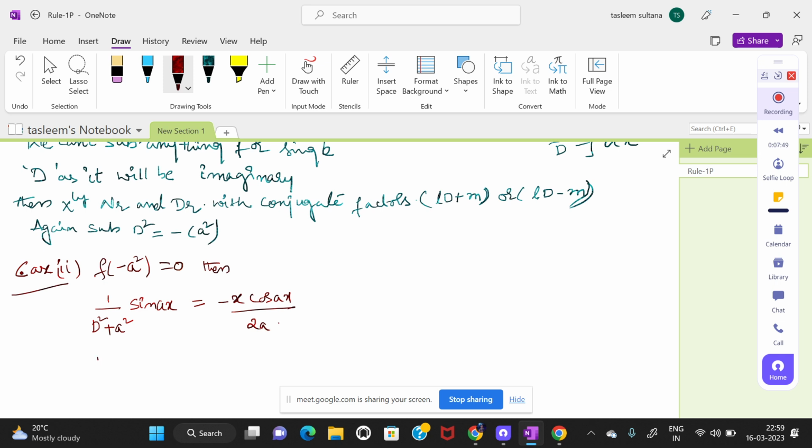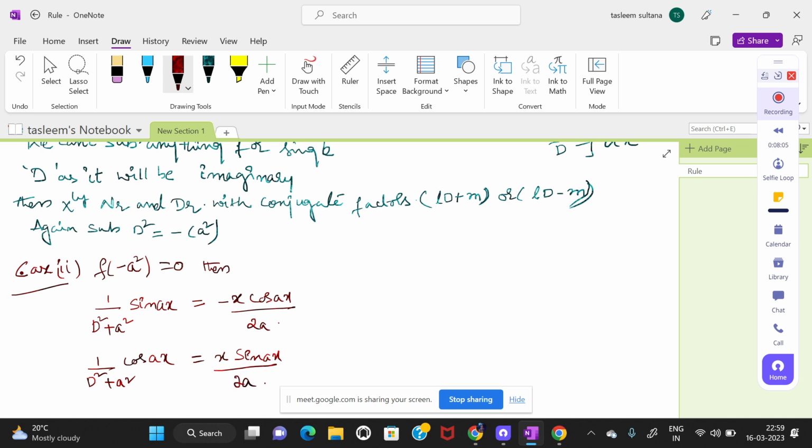If it is in the form of 1 divided by D square plus a square into cos ax, it equals x sin ax divided by 2a.